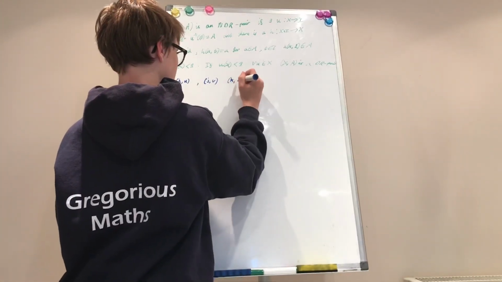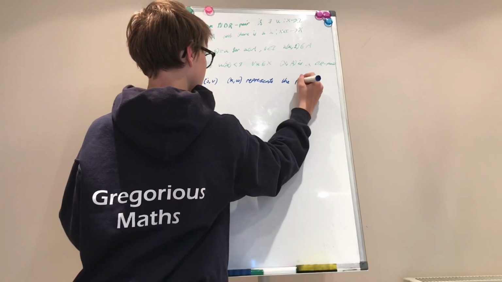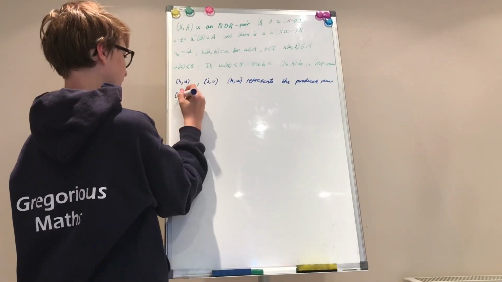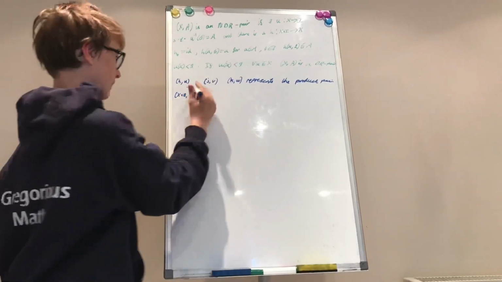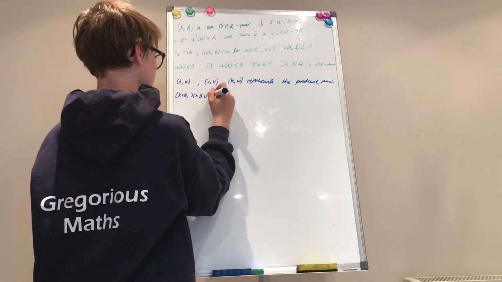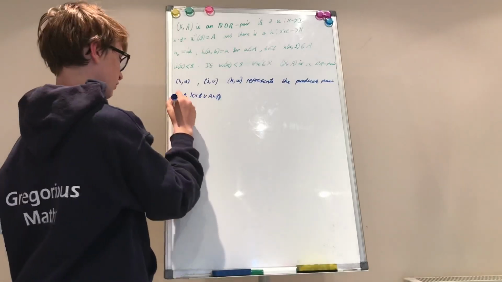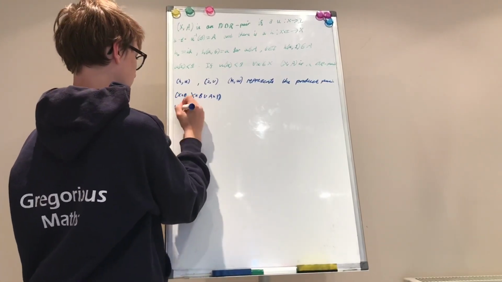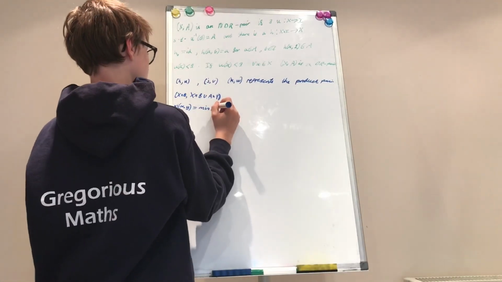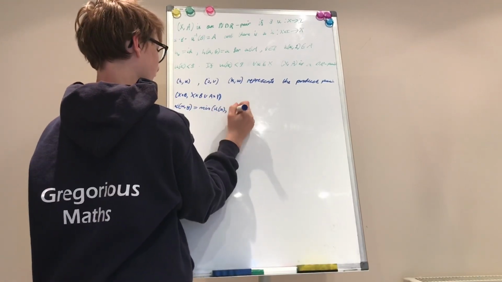(K, W) represents the product pair, and what it represents is the pair X cross Y, and then we have X cross B union A cross Y, where W of (x, y) is equal to the minimum of U of x or V of y.